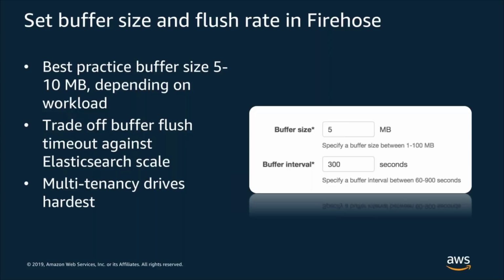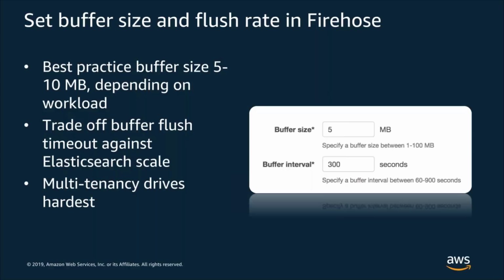And you have to manage this a little bit carefully. If you set the buffer size at the smallest, and you set the time interval at the smallest, then you can have Firehose triggering quite frequently and sending out more connections or more messages than your cluster can handle.